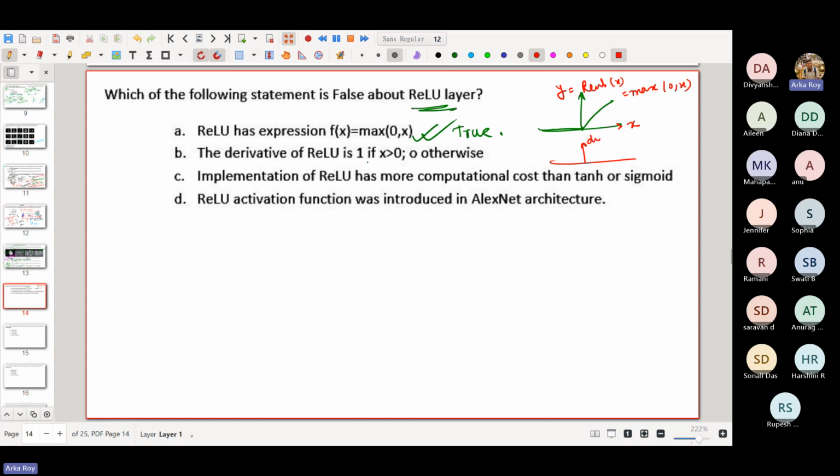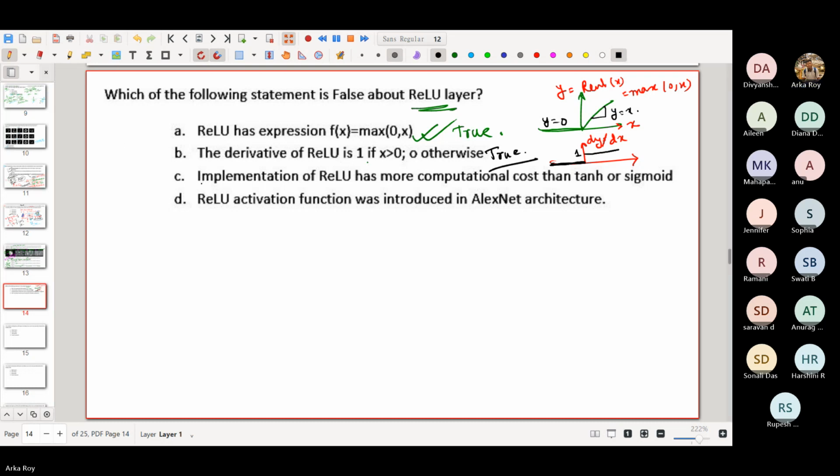So if I do dy by dx, it would be 0 for the negative part and 1 for the positive part. Over here you can see that this is y equal to x only, and this is y equal to 0 only. So dy by dx will be 0 over here, and dy by dx will be 1 over here. So this is the representation of the derivative part. So this is also true.